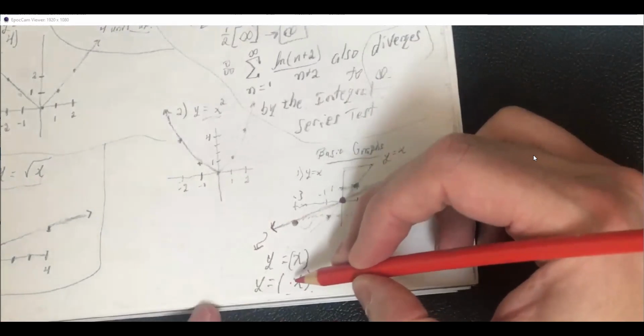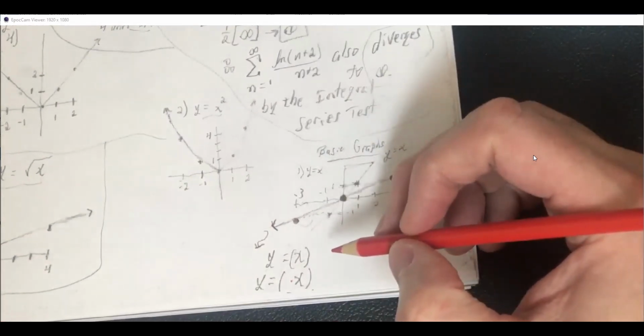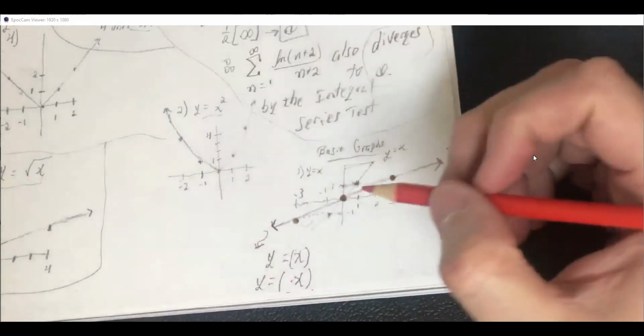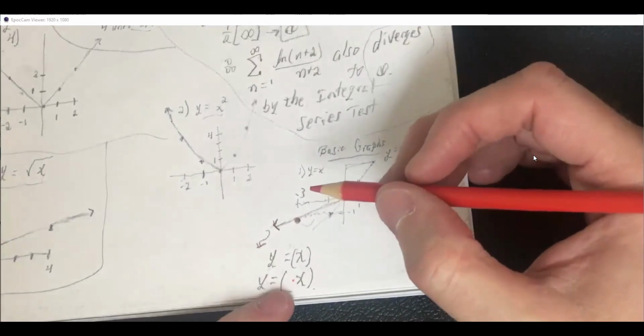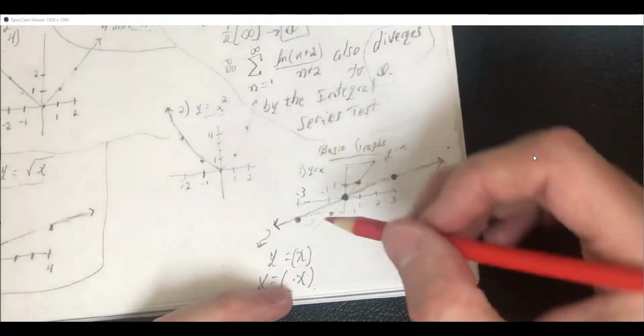So here we wouldn't say times 3, because when we move with respect to the x dimension, whatever is written in the equation is the mathematical inverse operation to what we actually do.